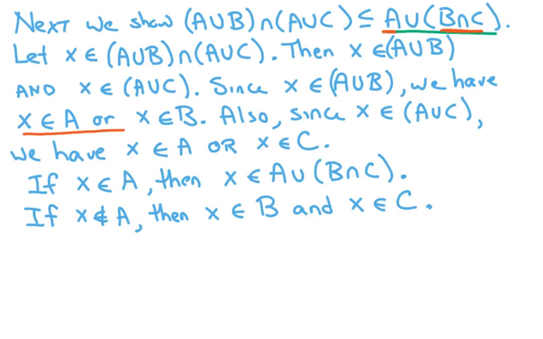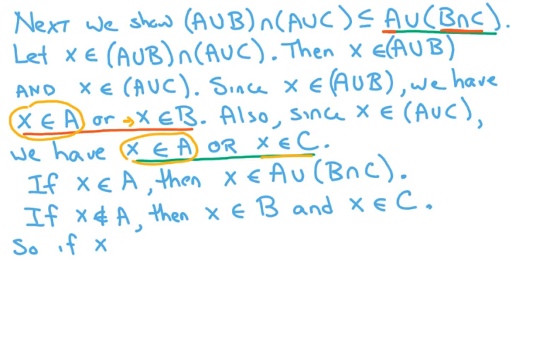X is in A or X is in B. X is in A or X is in C. If X is not in A, then X has to be in B. And again, if X is not in A, then X has to be in C. So that's a little, you have to think about it. But if X is not in A, then it has to be in B and it has to be in C.